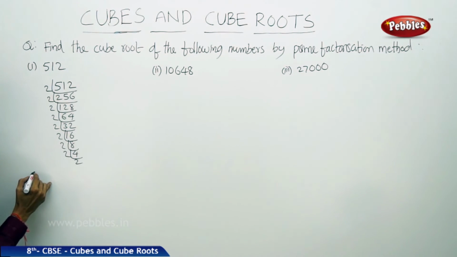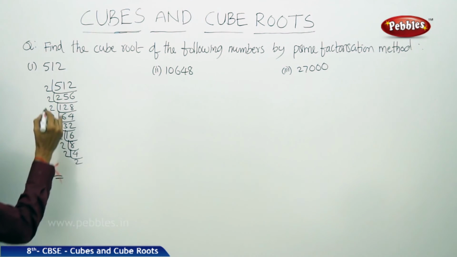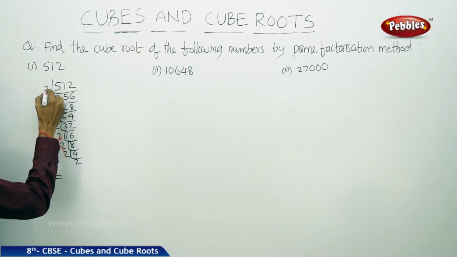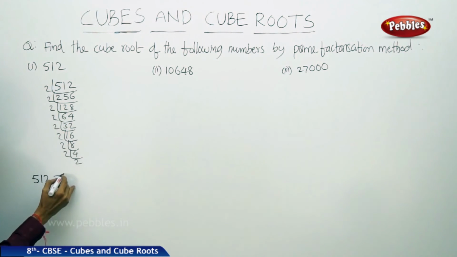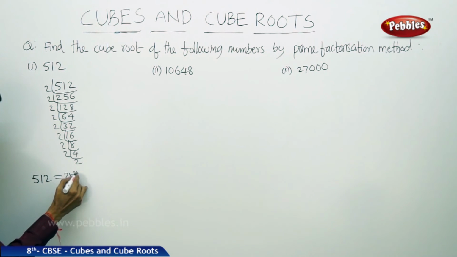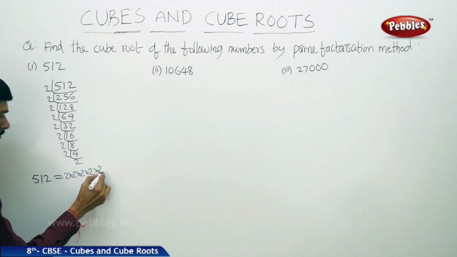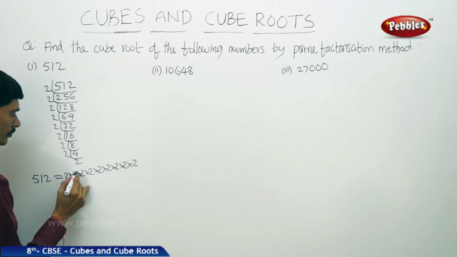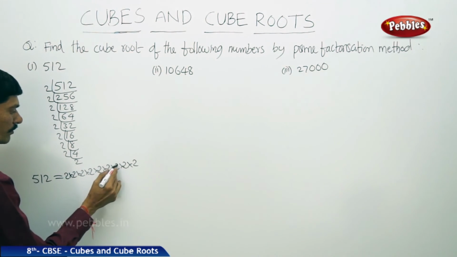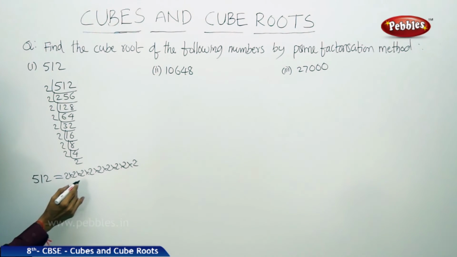Now if you take 512 as a product of prime factors, how many 2s are there? We can write 2 into 2 into 2 and so on. So there are 9 2s.